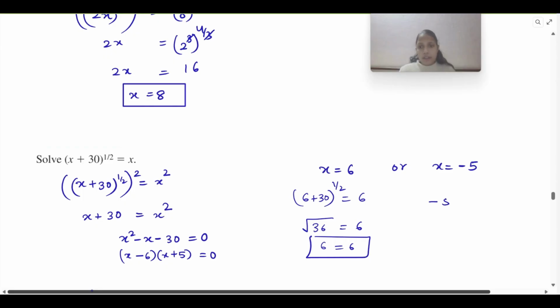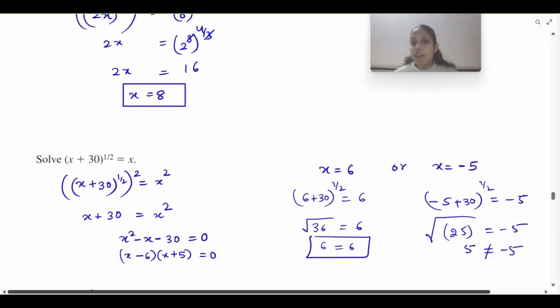Negative 5 plus 30 to the power half equals negative 5. So 25 to the power half, 25 square root is 5. Is 5 equal to negative 5? No. So x equals negative 5 is an extraneous solution.